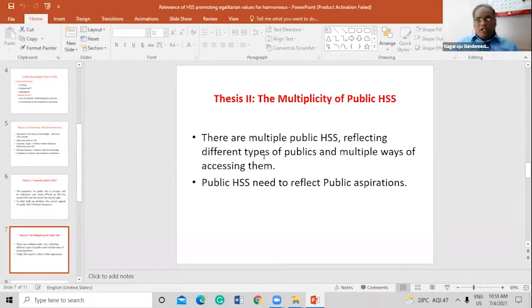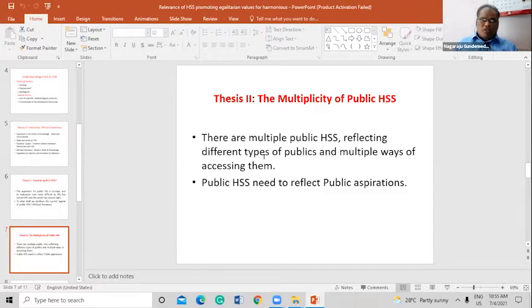That's where Michael Burawoy is primarily saying that there are multiple types of publics. Here public means different economic categories, different social categories, and different political categories. There are different types of public which need to be assessed from different methodological perspectives.